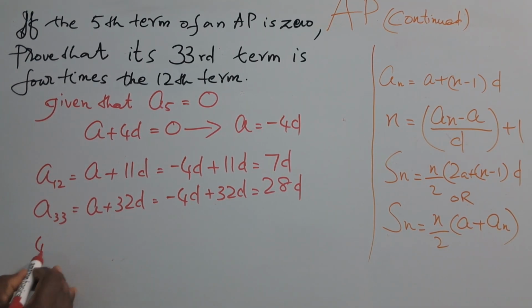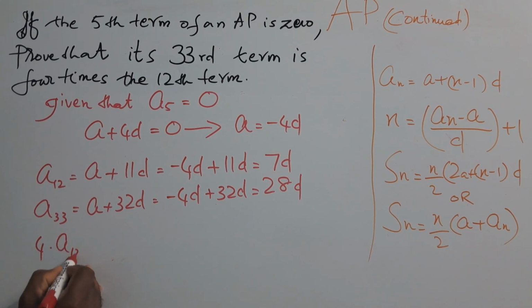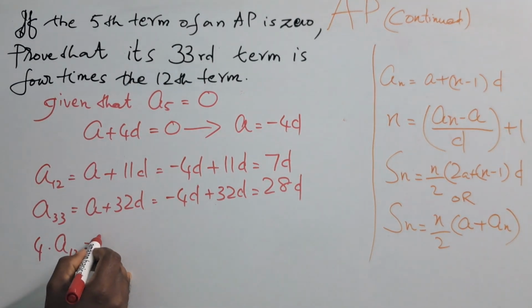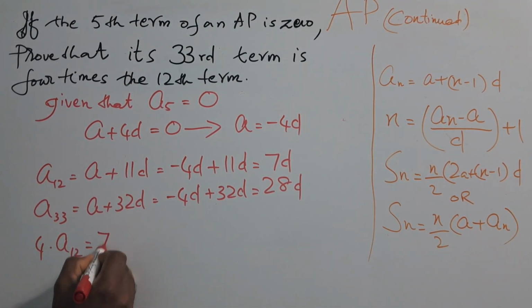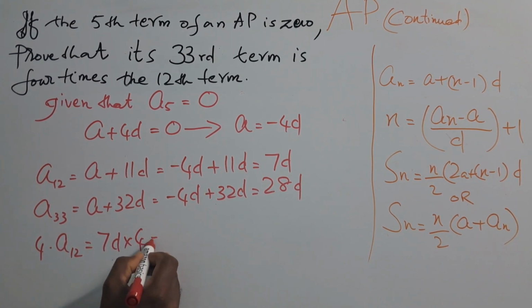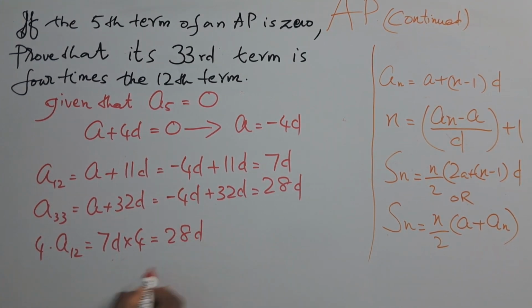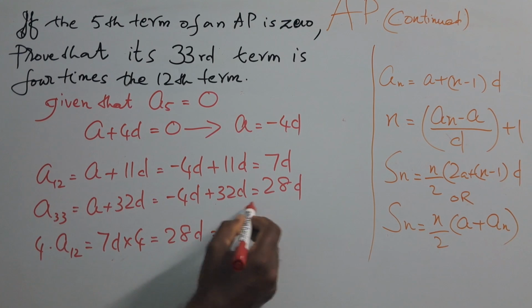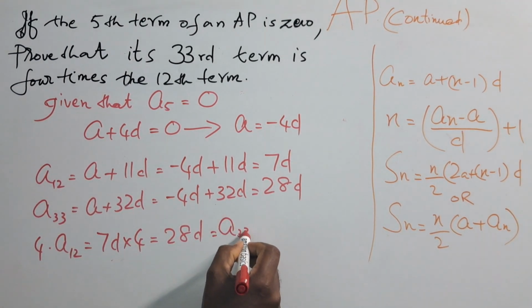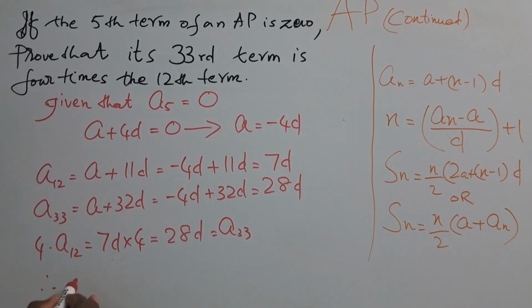Now 4 into A12 is equal to 7D into 4, which is equal to 28D, that is A33. Therefore, A33 is equal to 4A12.